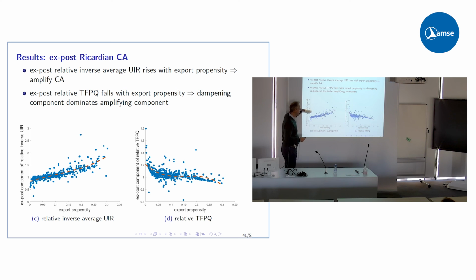But when you consider both the amplifying and dampening components, you have a fall. So the dampening component dominates. So this is the ex post component of relative inverse unit input requirements, so the average productivity. If this is upward sloping, when larger than 1, you see export propensity as a function of export propensity. This is amplifying, and this instead dampening.